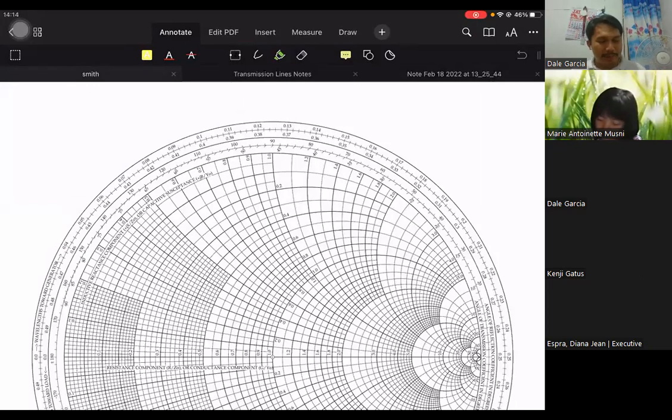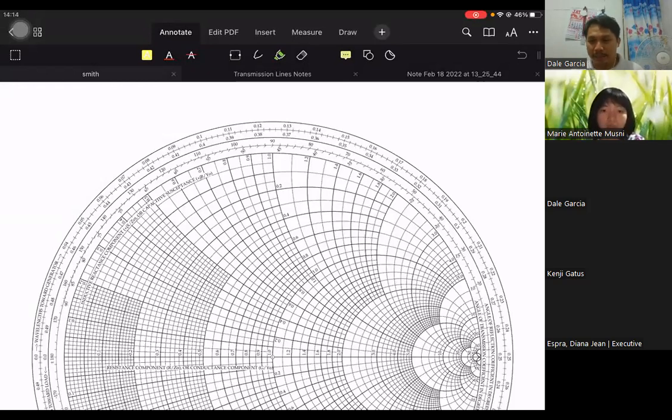I don't think we will have you plot on a Smith chart, because number one, it would need a Smith chart to begin with. It must be printed clearly, with clear numbers, not pixelated. That's one thing.